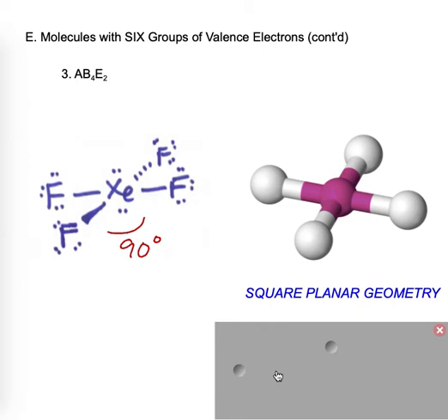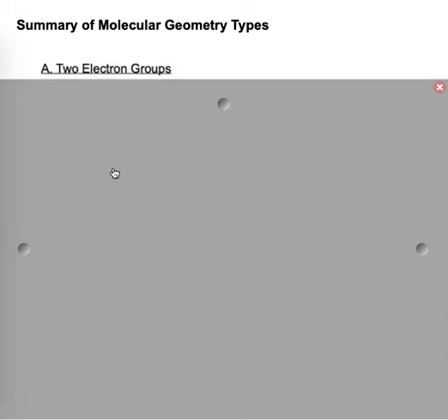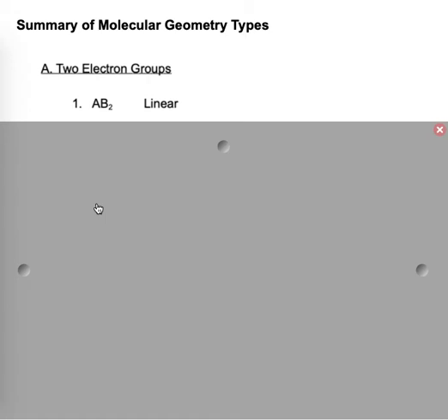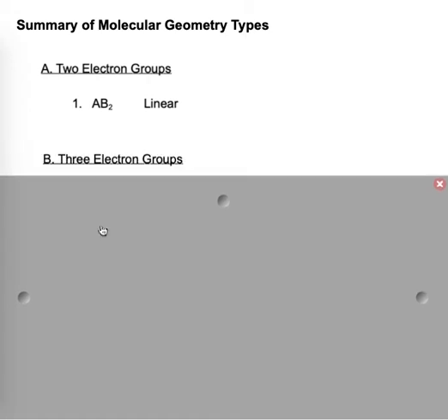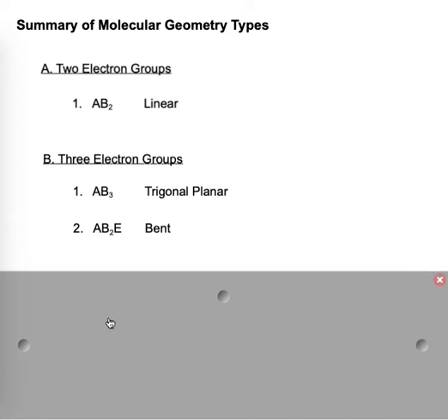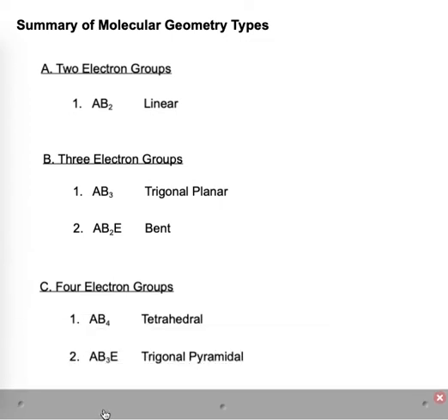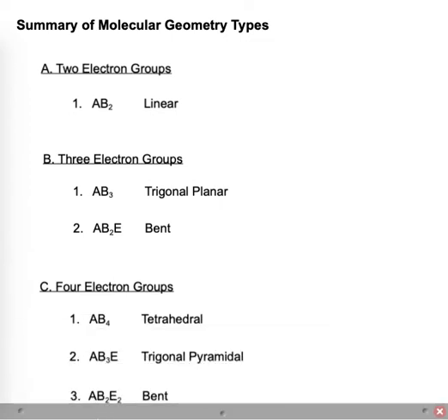So, a lot of information, so let's summarize. If we have 2 electron groups around the central atom, it's an AB2 type molecule with a linear geometry. If we have 3 electron groups around the central atom, there are 2 options, AB3 trigonal planar, AB2E bent. If we have 4 electron groups around the central atom, we have 3 possibilities, AB4 tetrahedral, AB3E trigonal pyramidal, and AB2E2 bent.